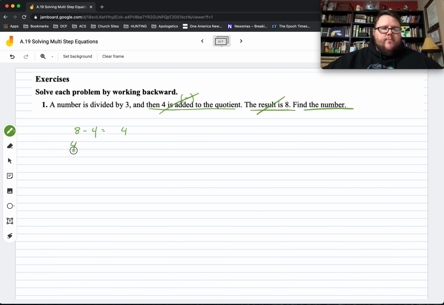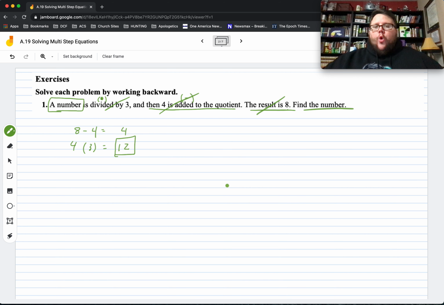So now my result so far is 4. A number is divided by 3. So instead of divided by 3, I'm going to multiply by 3. So 4 times 3 is 12. That's done. And I should be left with what my number is. So my number is 12.